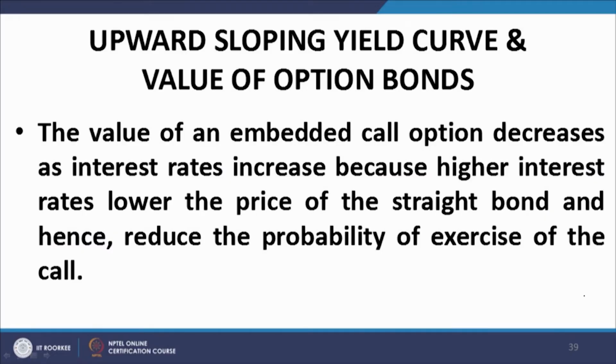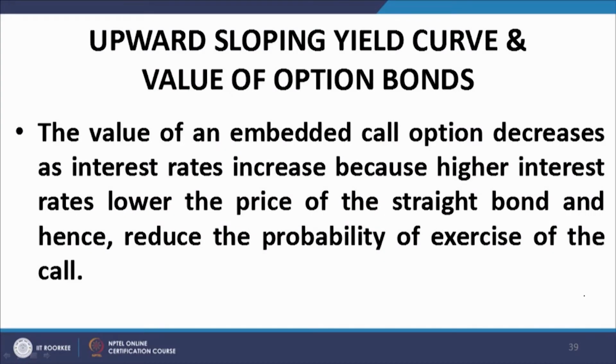The more distant you are in the future, the higher would be the forward rate compared to the closer you are to today. Now, upward sloping yield curve and the value of option bonds. We shall discuss the impact on the price or the value of option bonds in the case of an upward sloping yield curve. The value of an embedded call option decreases as interest rates increase, because higher interest rates lower the price of the straight bond and hence reduce the probability of exercise of the call.